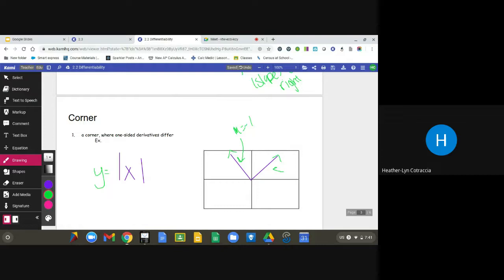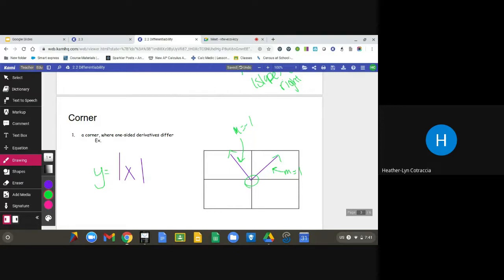And over here, the slope of that line is equal to +1. So the question is, what's the slope at that point right there? Because it comes to a point, you won't be able to find a place where the derivative from the left equals the derivative from the right. The derivative from the left will always be -1 at that point, and the derivative from the right will always be +1 at that point.